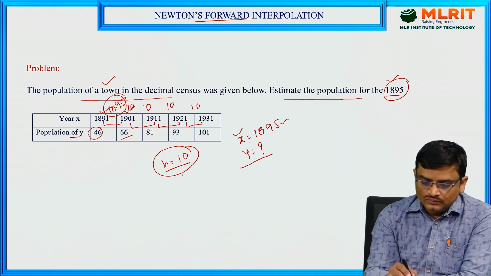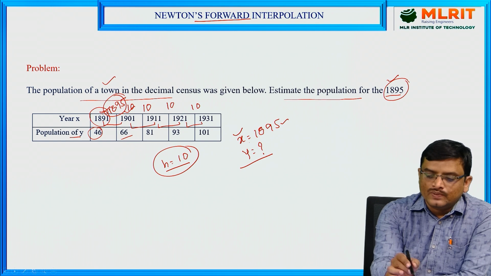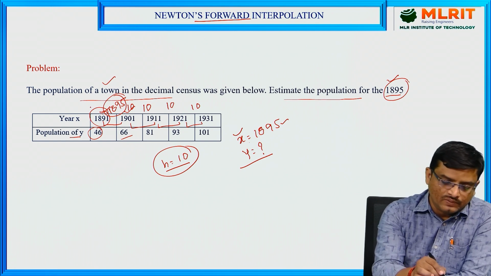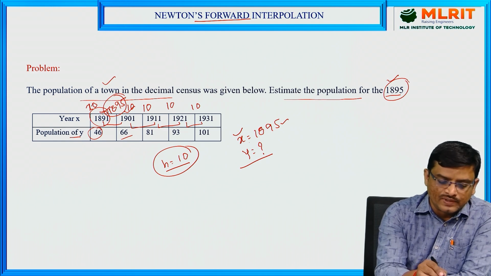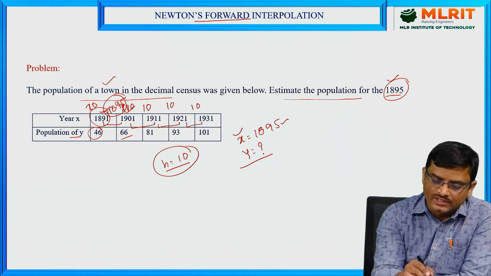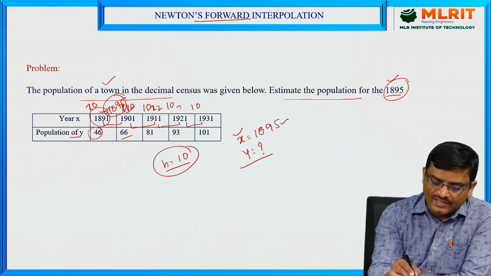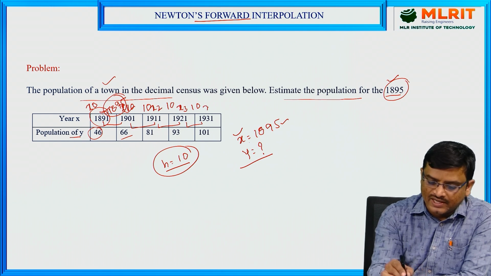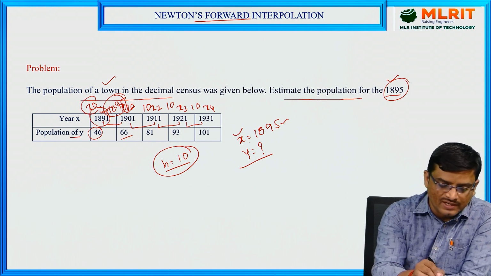Now, in order to apply Newton's forward interpolation, we have to consider the initial value. The values of x are represented in the standard format. The first value is represented with x0, the second value with x1, the third value with x2, and the next values with x3 and x4. We don't need x1, x2, x3 and x4; concentrate only on x0.